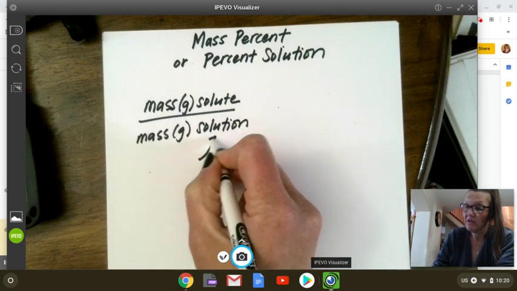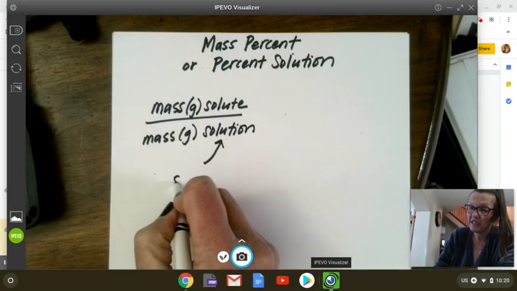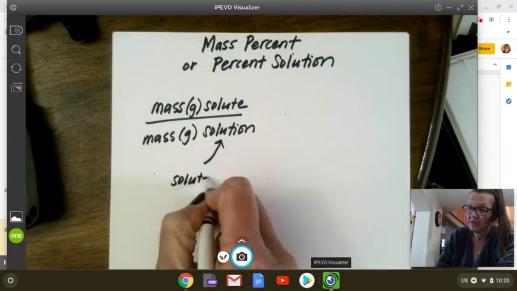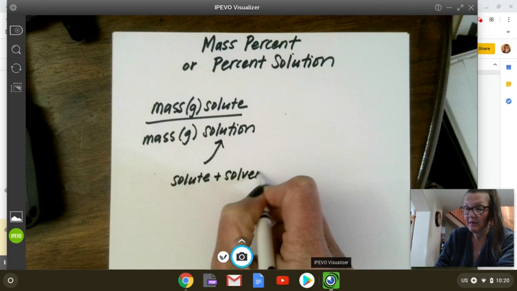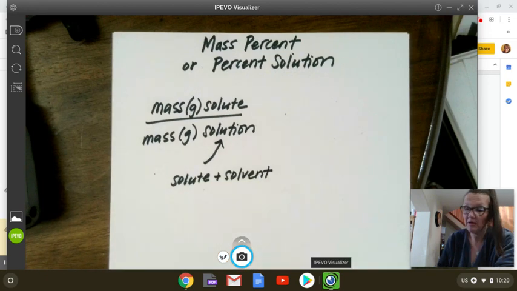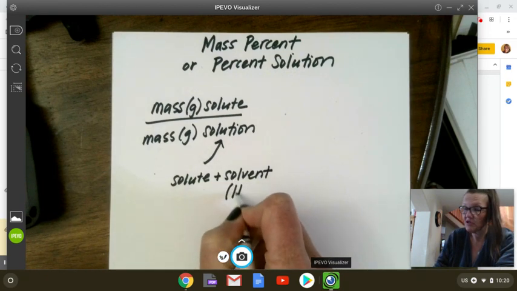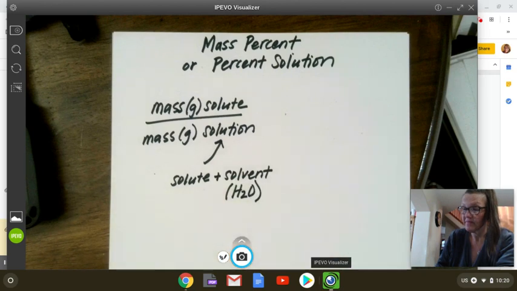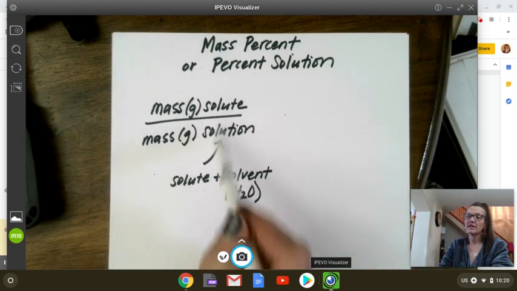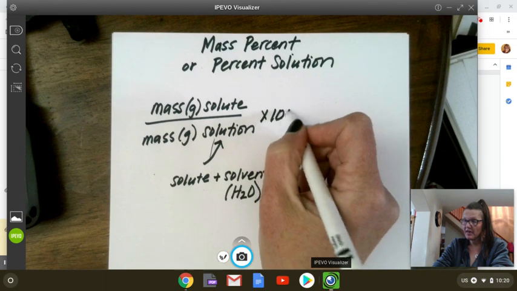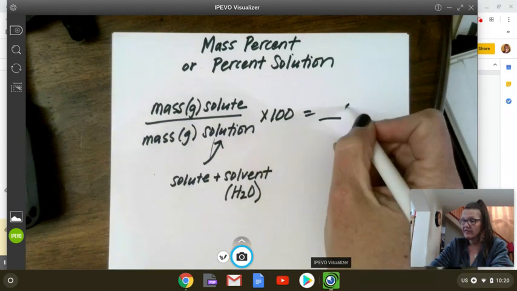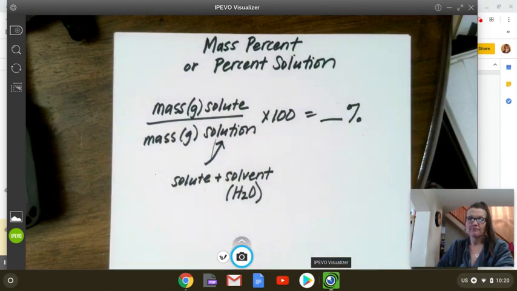Now, one thing you really need to remember is that the solution is the solute plus the solvent. So sometimes you're going to have to calculate that in these problems. Remember, the solvent is usually water. So you might have to do a little bit of math to get your solution number. I'll show you what I'm talking about here in a second. And then, of course, that would give you a decimal. So to make it a percentage, you're going to multiply by 100, and that will give you your mass percent.